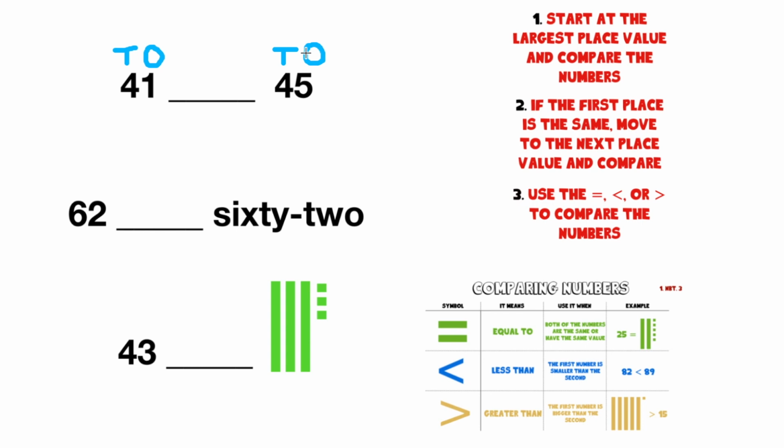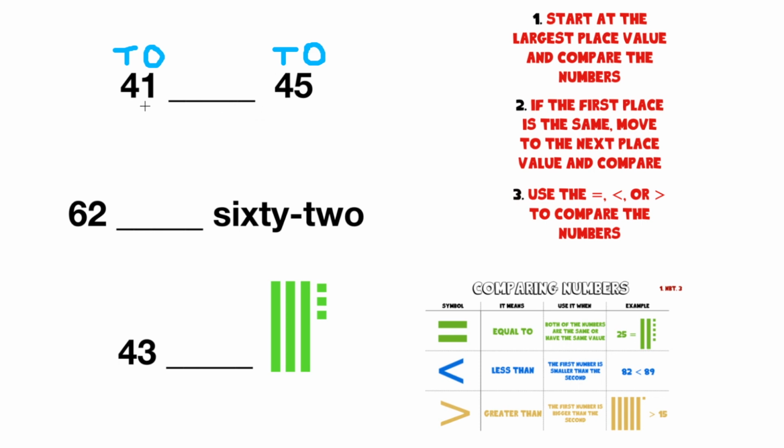Okay, so if I start off with the largest place value, I know that I need to look at my tens place first. And I see that 41 has four tens, and I see that 45 has four tens. Wait a minute, they have the same amount of tens. What should I do next? That's right, I should move on to the ones place.